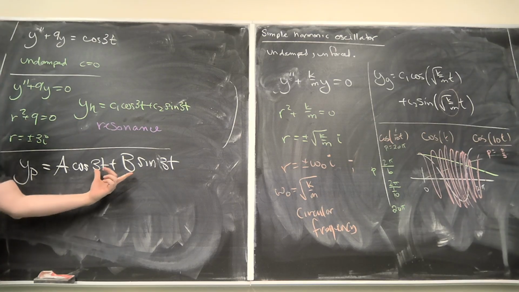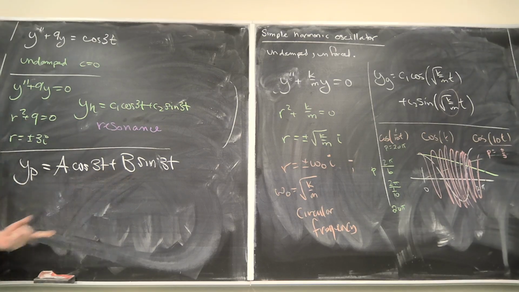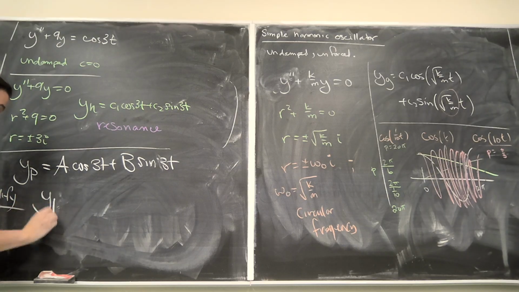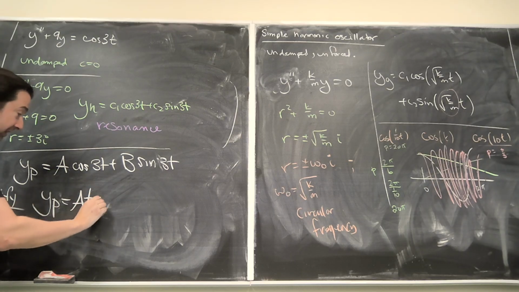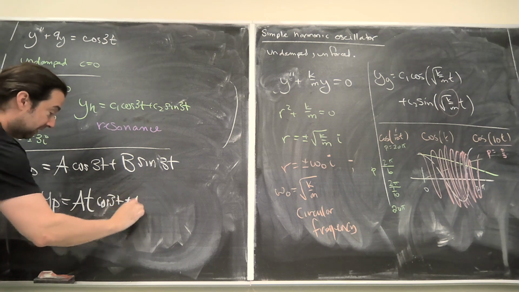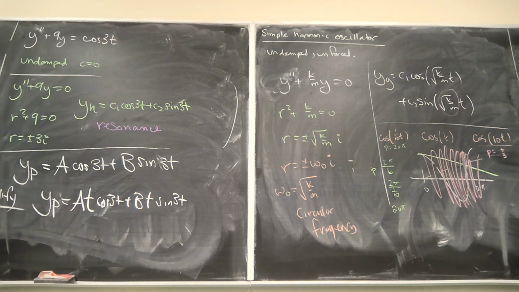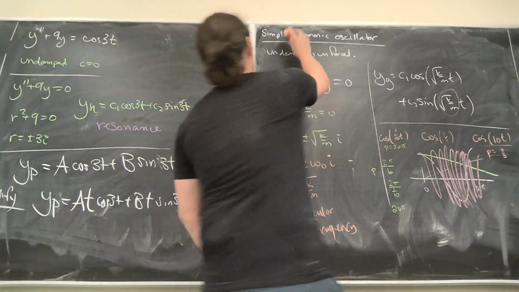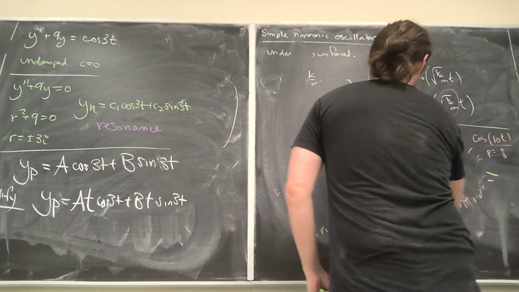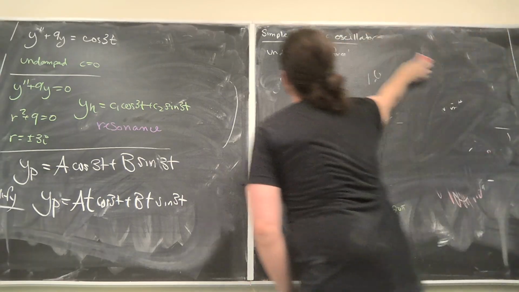Right? This guess for the particular solution will be eaten by the left-hand side of the equation, which means you need to modify your trial solution. And you need to try a particular solution that is A t cos(3t) + B t sin(3t). I'm not actually going to work through the solution directly right now because I don't want to blast you with algebra.